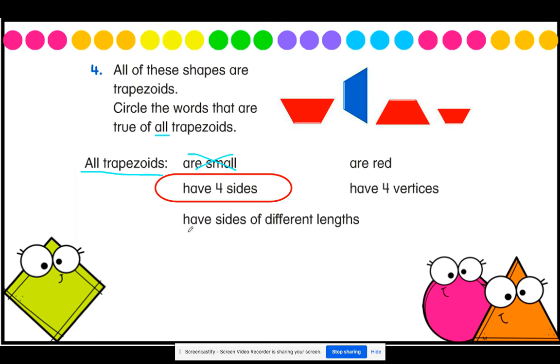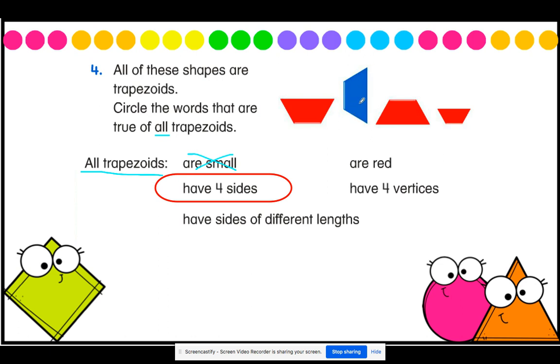The next one, have sides of different lengths. So let's break that down to think about what that means. Meaning that not all the sides are the same length on a trapezoid. Let's look at our trapezoids and see if that is true. Are all of these sides the same length in this first one? No, they are not. Are all of these the same size, or are all of these different lengths?